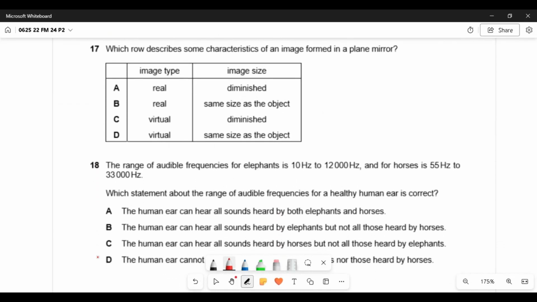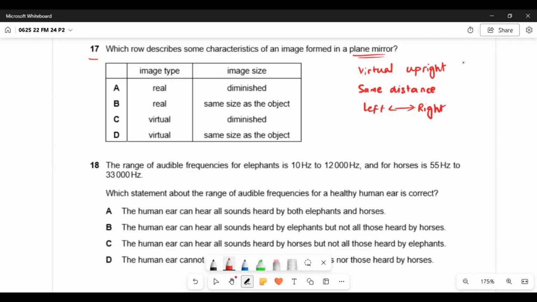Number 17. Which row describes some characteristics of an image formed by the plane mirror? We know that a plane mirror forms a virtual, upright image at the same distance from the mirror, but laterally inverted. It means left will change into right, right will change into left.